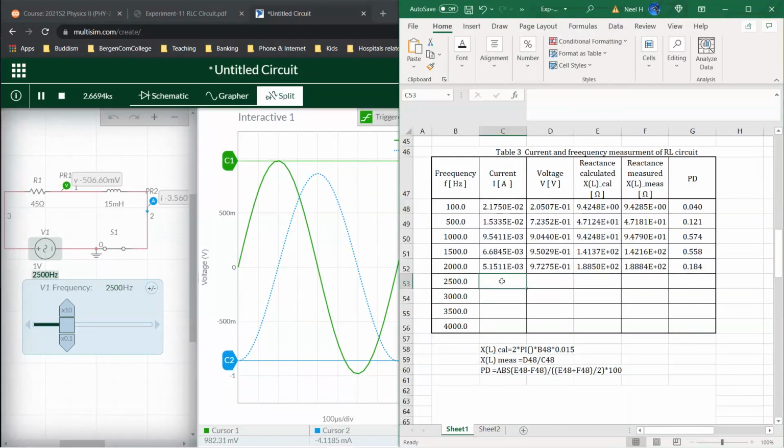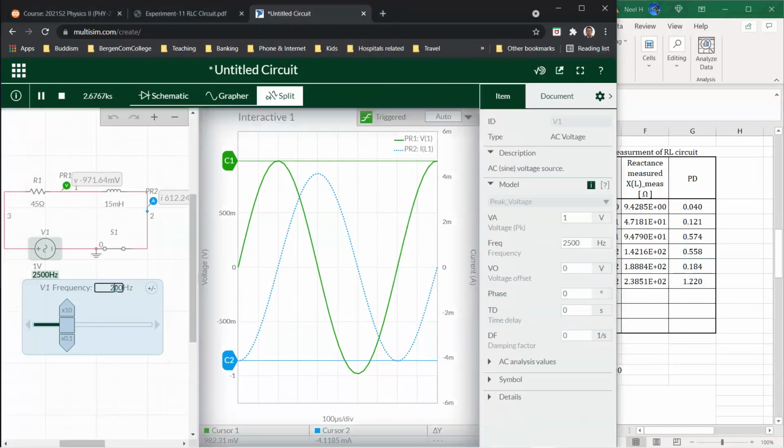Okay, new current 0.0041185 and the voltage 0.98231. Okay, looks good. Let's do 3000.